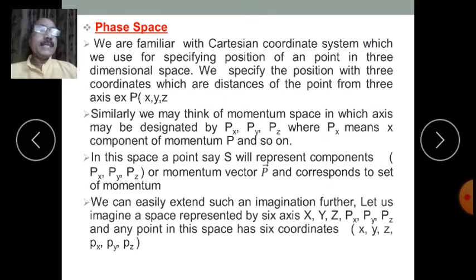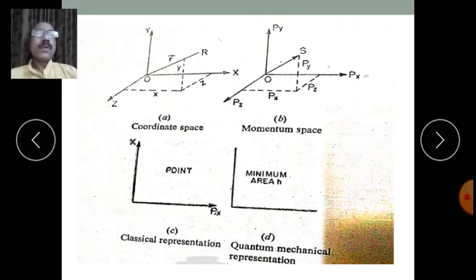So instead of three axes, let us consider a space representing six axes, x, y, and z, px, py, and pz. Any point in such a space has six coordinates: x, y, and z, and px, py, and pz. So x, y, and z represent the position of the particle. px, py, and pz represent the momentum of that particle.